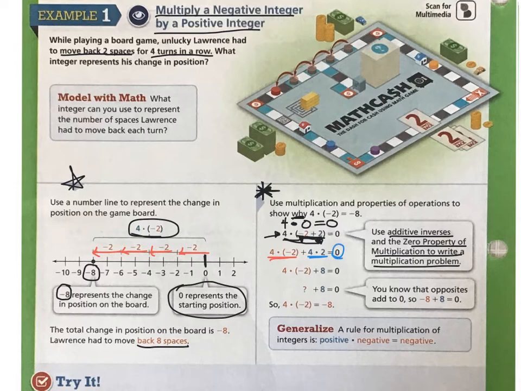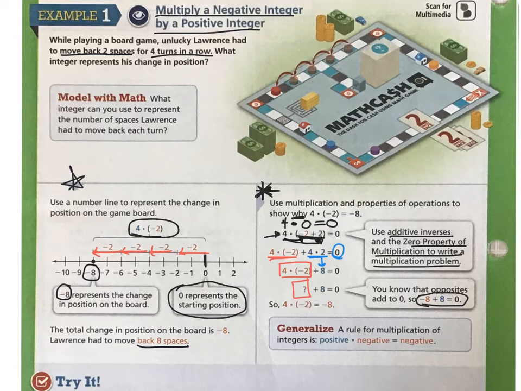Now let's take a look at the next line. 4 times -2 is actually the problem that we're trying to solve. We already know that 4 times 2 is equal to 8. So now the question is, what number can I add to +8 to make 0? In this case, we know that it has to be its opposite, or its additive inverse.